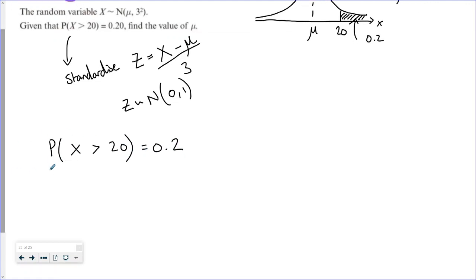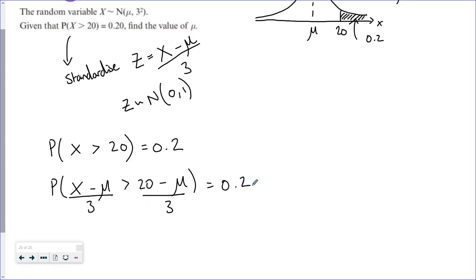So we're going to do the same thing to both sides of this inequality to try and get this expression on the left hand side. We're going to take away mu from both sides of the inequality, and we're going to divide both sides of the inequality by 3, the standard deviation.